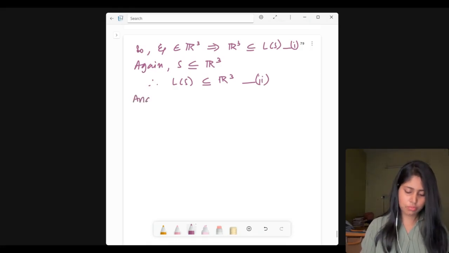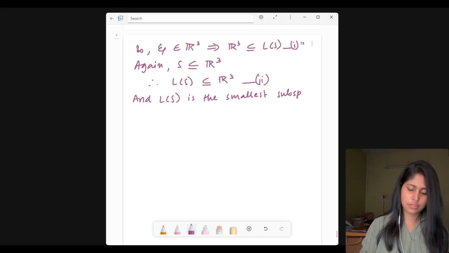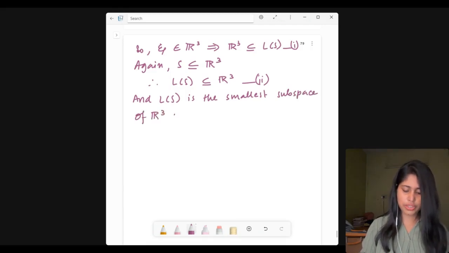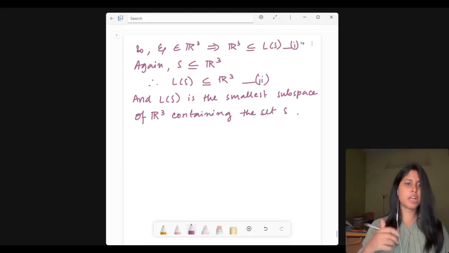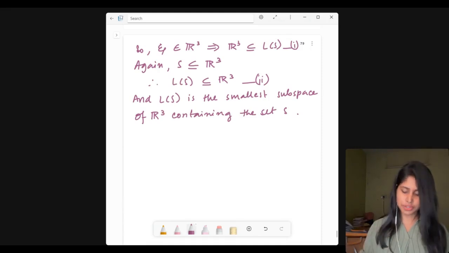L of S is the smallest subspace of R3 which contains the set S. Therefore, by combining equation 1 and 2, we will get what? R3 is equal to L of S.